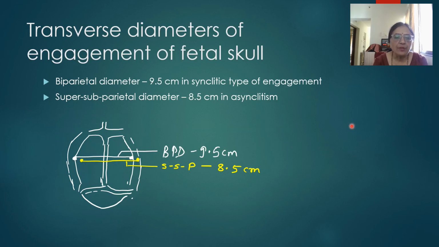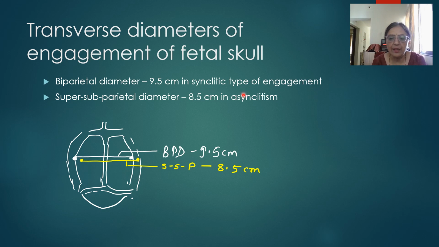Coming to transverse diameters of engagement of the fetal skull, biparietal diameter is the diameter of engagement. Joining the two parietal eminences with each other is the maximum transverse diameter of the fetal skull, and it is 9.5 centimeters, and this will be the diameter of engagement if it is a synclitic type of engagement.